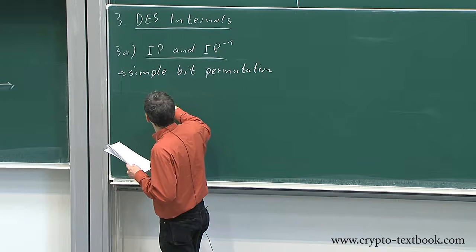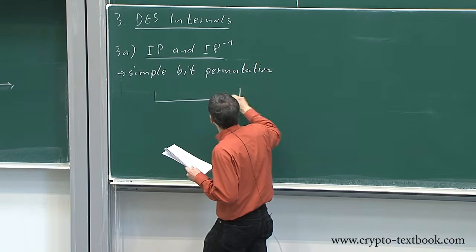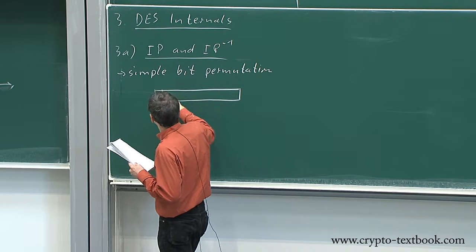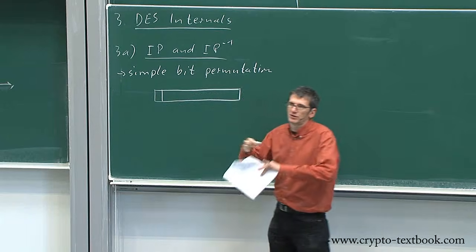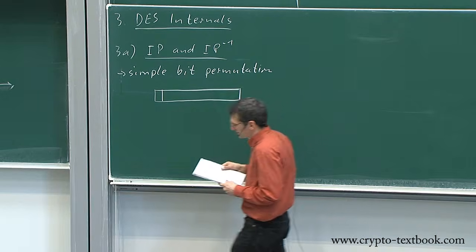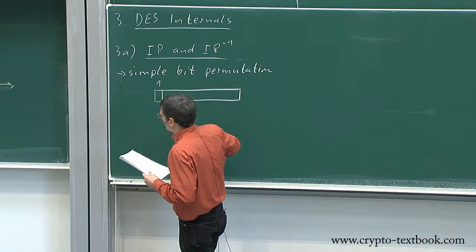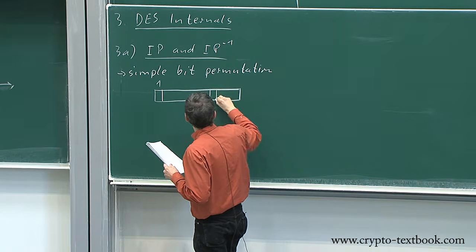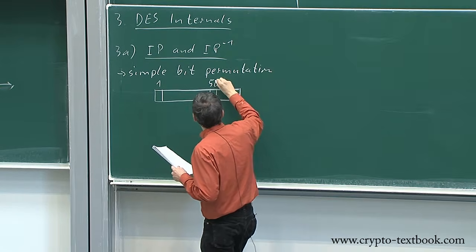I'll give you an example of what IP does. So let's say this is the input word, the 64 bits. This is you, right? So what's happening to the bits? Let's look at bit number 1 and at bit 58.